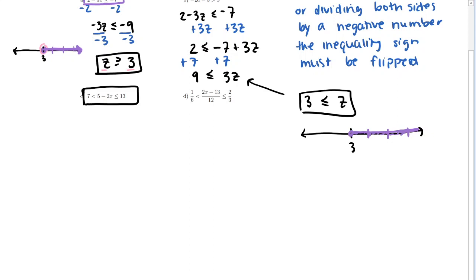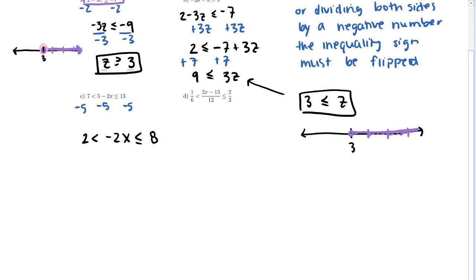So we want to make sure we perform operations on all 3 sides, and we want to get that variable isolated and alone, in reverse operations order. So if I want to get x alone here, I'm going to subtract away 5 from all 3 sides. And this isn't going to change my inequality signs because it's not multiplying or dividing by a negative number.